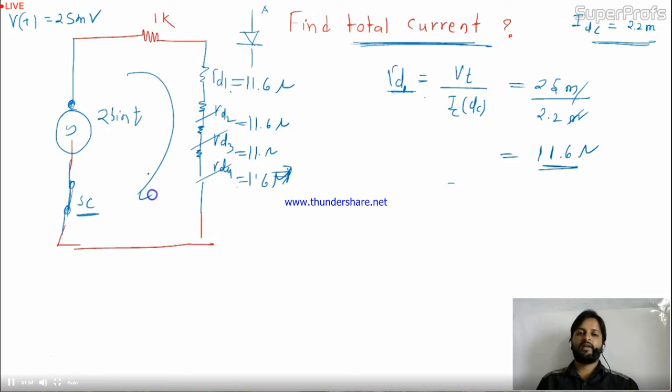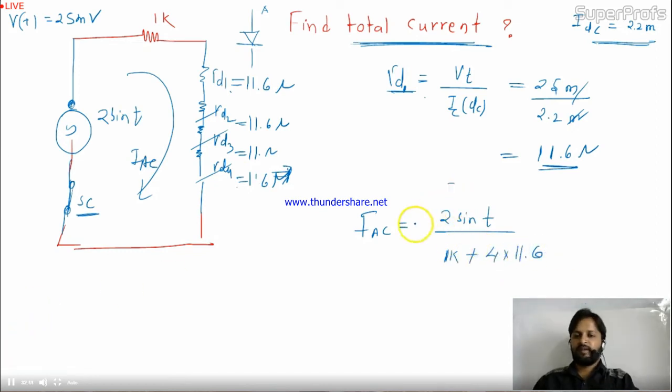Now can you calculate I_AC? Yes, I can calculate I_AC. I_AC for this circuit is 2 sin t, the voltage, divided by 1K plus 4 times 11.6. And this is given in millivolt. This is about I_AC. You can calculate it by the phasor method.